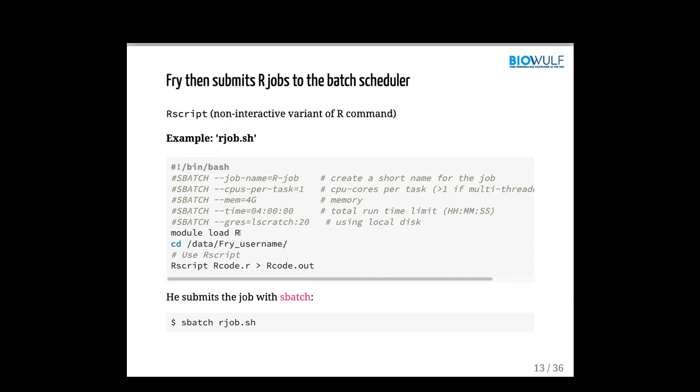You load your version of R, then you change directory to where rcode.r is located, and then submit the job with sbatch.